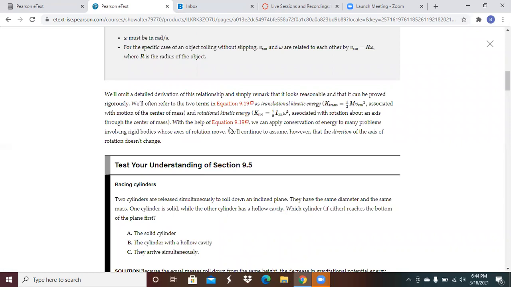Okay, that means two things. Number one, take them at their word, or number two, I can't do it, so I'm not going to include the derivation here. It could mean number three, you're not interested, so we're just not going to put it in there, I suppose. But we'll often refer to these two terms as translational kinetic energy and rotational kinetic energy.